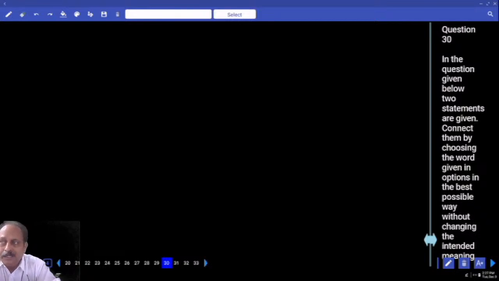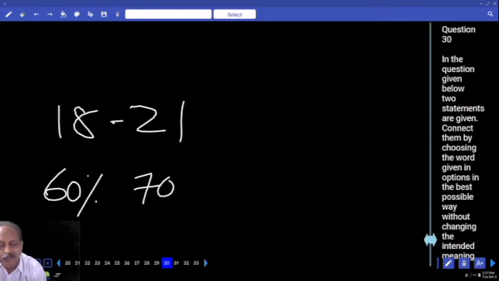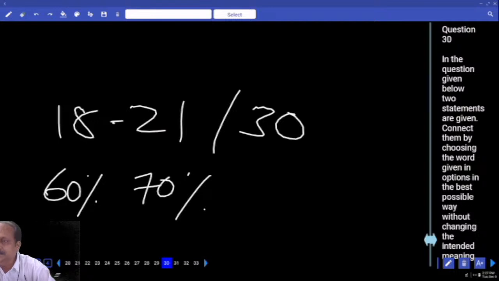And to what extent? Out of 30, you should be in the range of 18 and 21. That means what is the percentage? You have to respond immediately. Out of 30, 18 means what is the percentage? 60 or not? 21, what is the percentage?